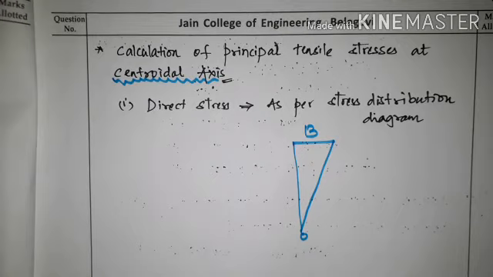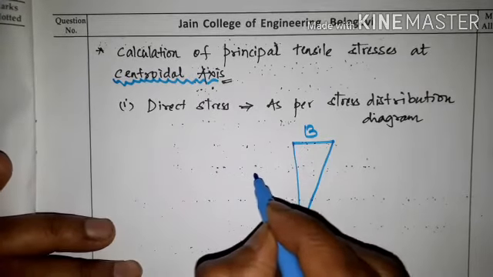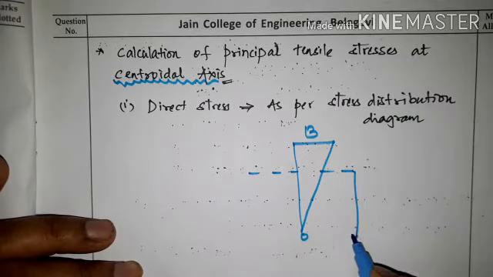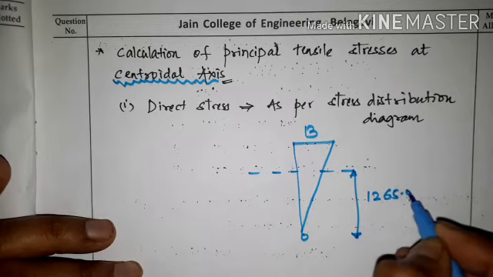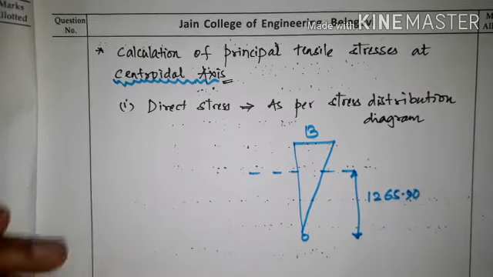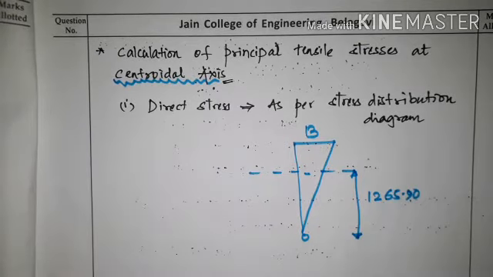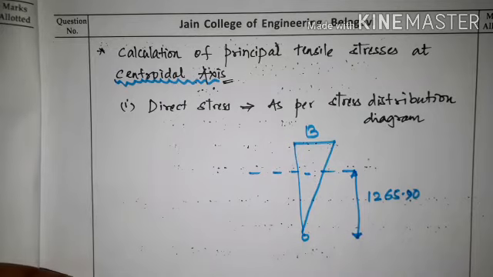Okay, and at the centroidal axis, the location of the centroidal axis is somewhere, I'll just locate here. So this is 1265.9 from bottom. Now we have to find out the direct stress according to this stress distribution diagram.